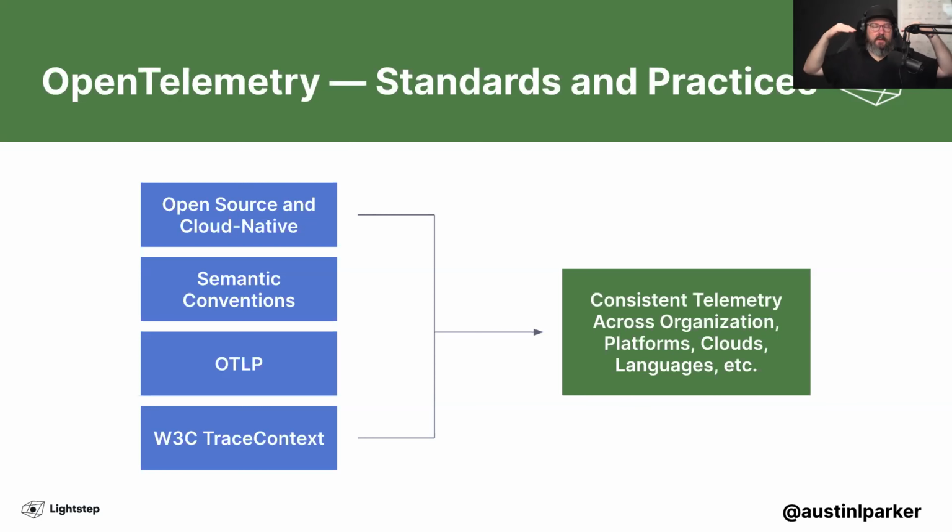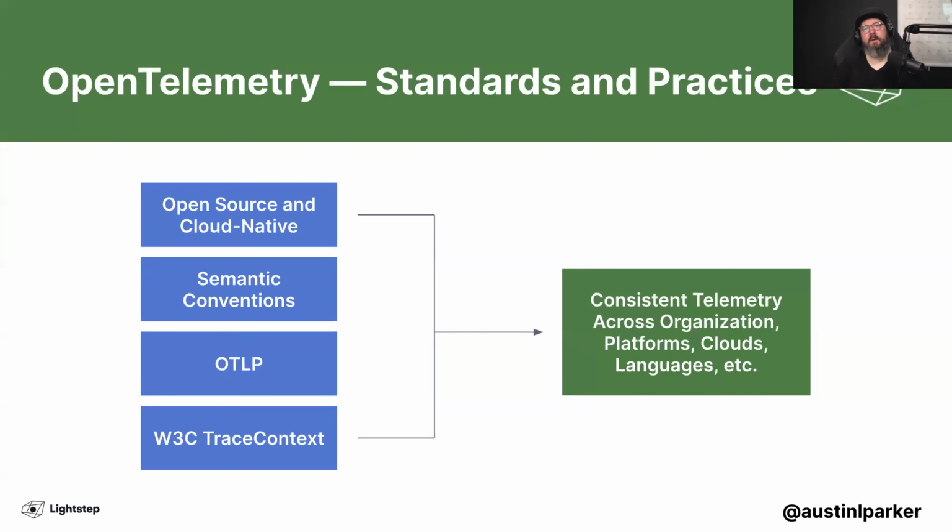Because this is defined by the W3C, you shouldn't run into the situation in the future where some load balancer or some gateway starts dropping your tracing headers because it doesn't know about them, right? Being standards-based means that we can ensure that everything broadly accepts this.